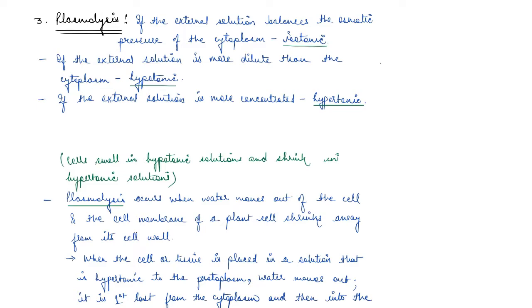How the plant cell is going to behave with the movement of water depends on what the surrounding solution is, right? If the external solution balances the osmotic pressure of the cytoplasm, it is known as isotonic.